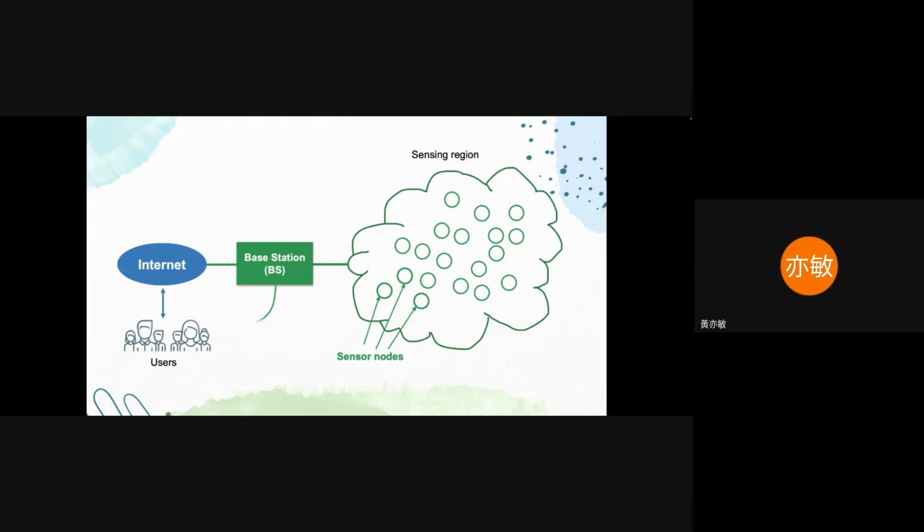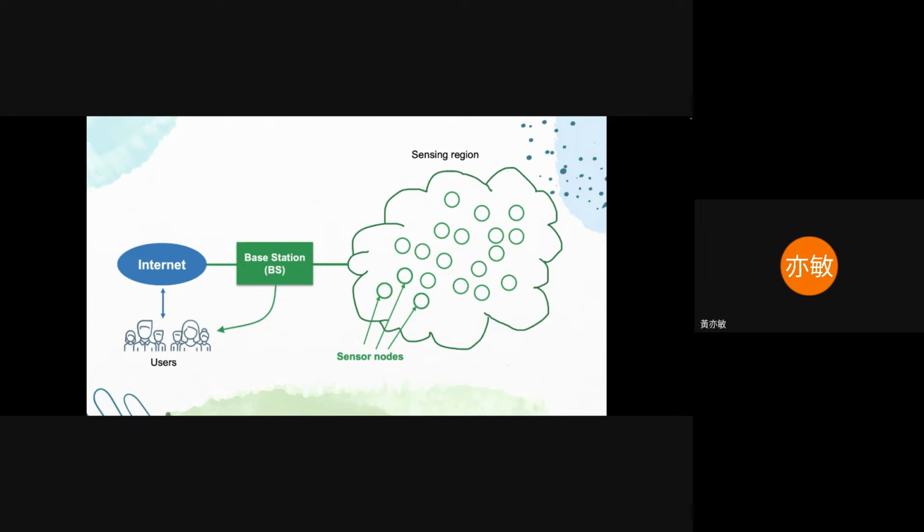So these are simple illustrations. We have a region we want to monitor or sense. Each node is a green circle on the screen. Each node represents a sensor. So with all these sensor nodes, we can collect the information by setting up your algorithm. Then it will send out the monitoring result to our base stations.